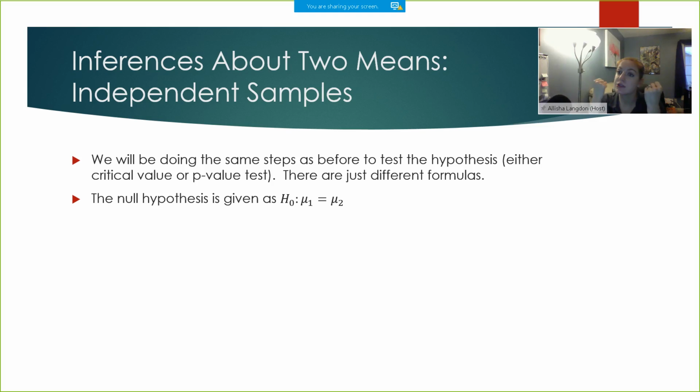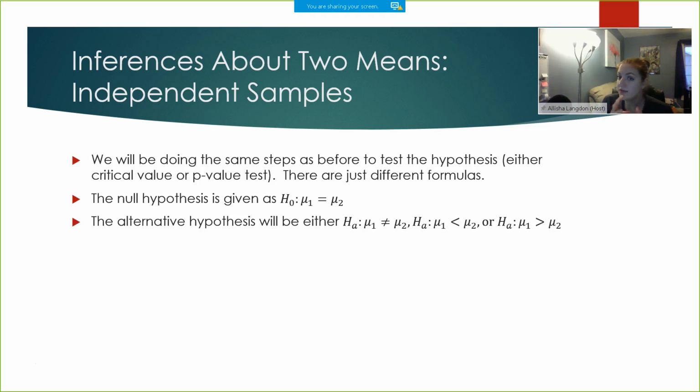That means there's no difference between those two samples. So we would say the population means of both groups are equal. And that's exactly what we're saying here. Population mean of group 1 is equal to population mean of group 2. So mu1 equals mu2.